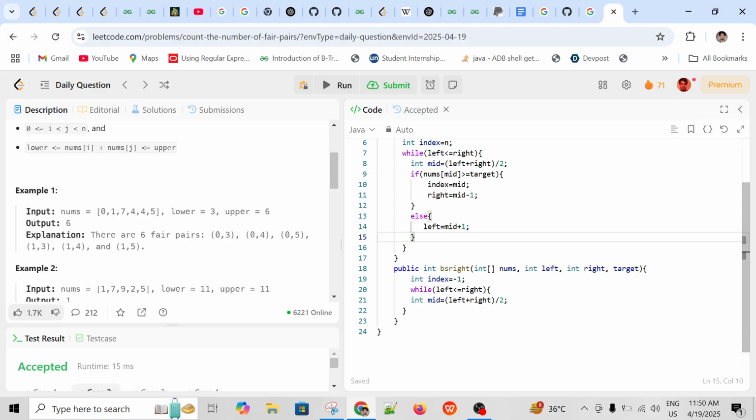Similarly for this one, not exactly similar, we will do the opposite. Let me show you that.